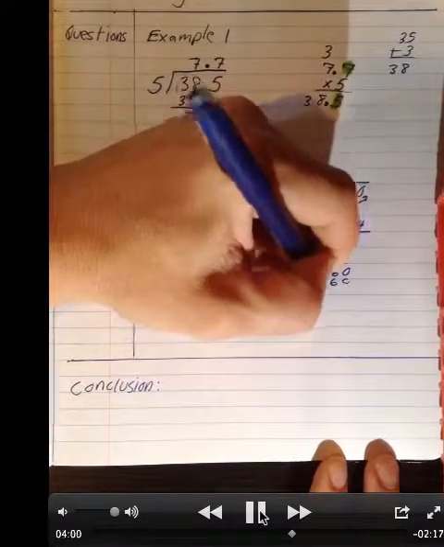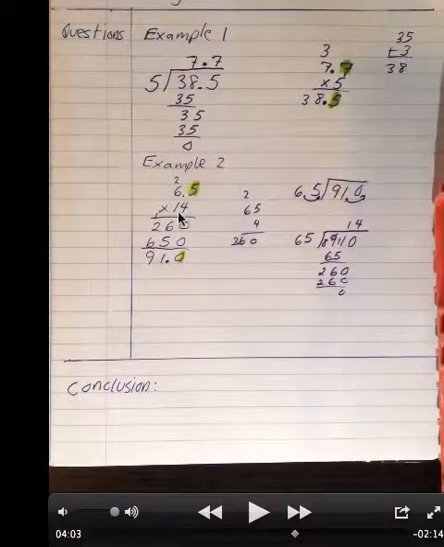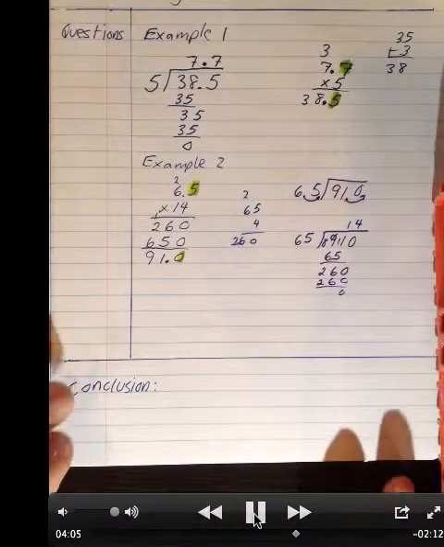So notice that 14 times 6 and 5/10 is equal to 91.0. 91.0 divided by 6 and a half, right there, is equal to 14, which is what we multiplied it by. Multiplication and division are inverse operations.